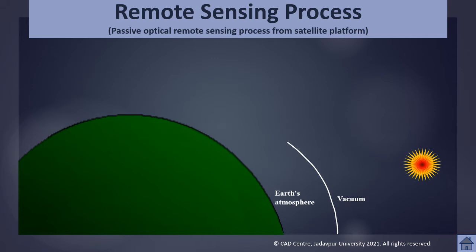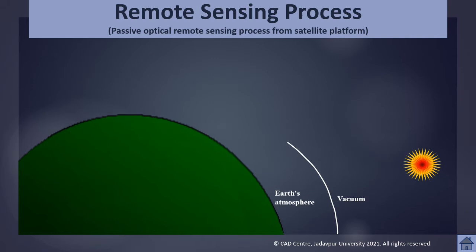Now, passive optical remote sensing can be performed from the satellite platform as well as from the aerial platform. In this slide, we shall discuss the satellite platform, and in the next slide we shall discuss the passive optical remote sensing from the aerial platform. Other remote sensing processes will also be discussed eventually.